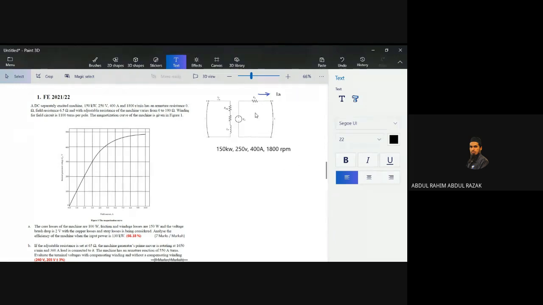We have here the value of field resistance RF, 6.5 ohm. What else? Adjustable resistance of 0 to 100 ohm.